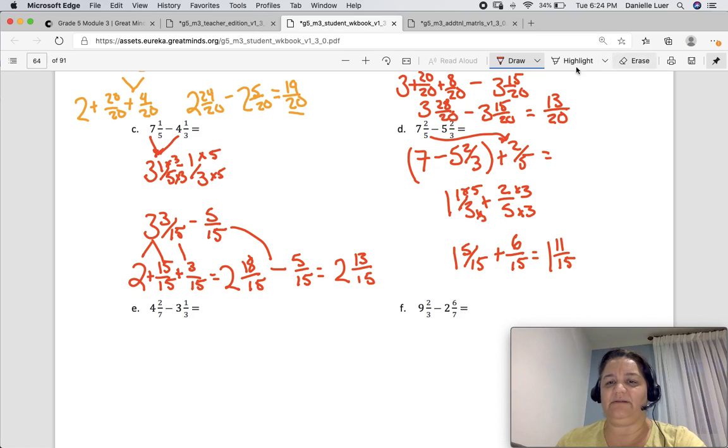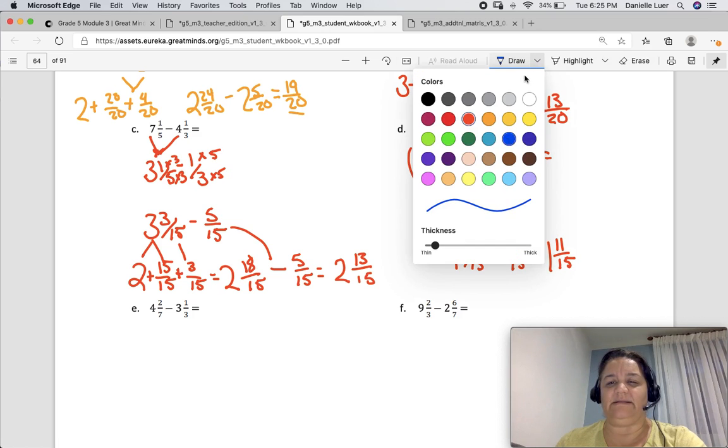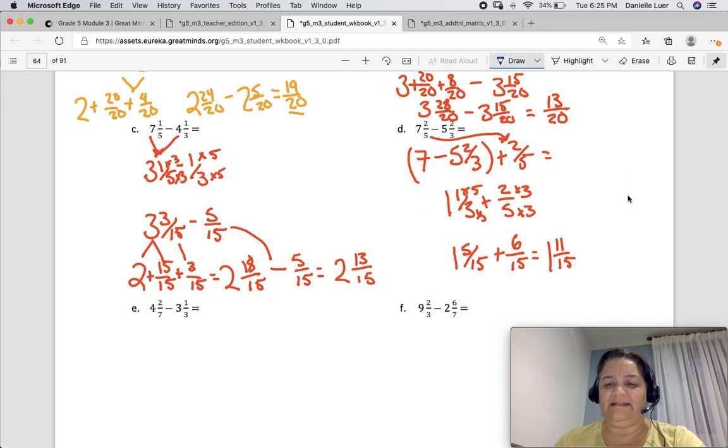Let me show you what that would look like on a number line so that you can see exactly what I did. Okay. What I did on the number line here, let's say I have 7 right there, and I just went ahead and subtracted 5 and 2/3.